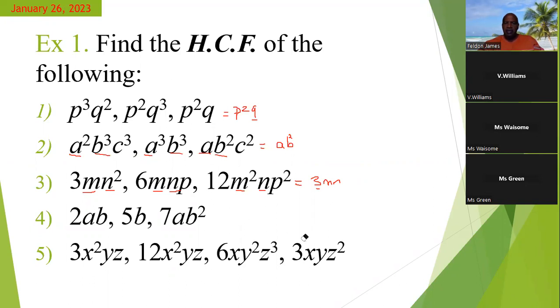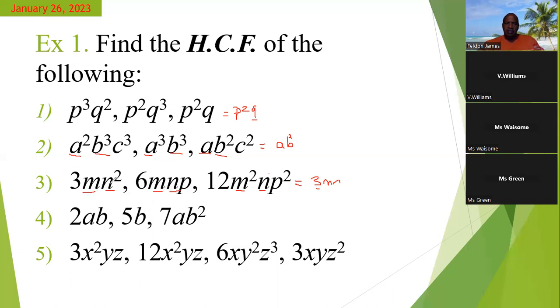Now, how do you identify the power? To identify the power, whatever letter you have, you look above that letter to see if there's a number immediately above the letter. If there's no number immediately above that letter to the right, then the power is 1.